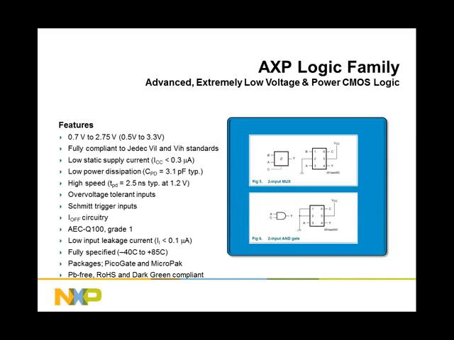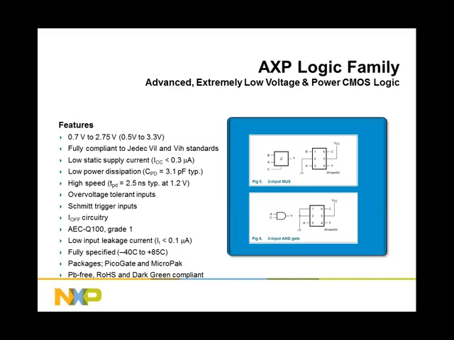And as I said earlier, the static power consumption is 0.3 microamps, and the dynamic power dissipation is 3.1 picofarads. Its typical speed for a standard gate, AND gate, OR gate, is 2.5 nanoseconds prop delay at 1.2 volts. We've also included Schmitt trigger inputs on these devices and also overvoltage tolerance on the inputs.